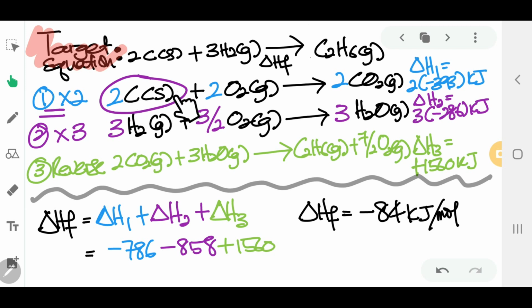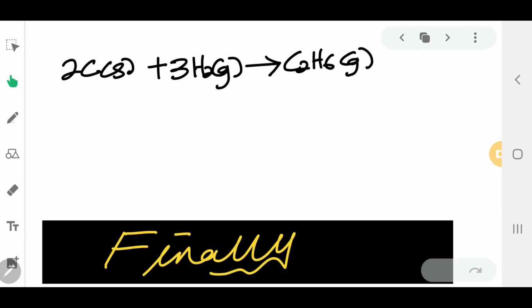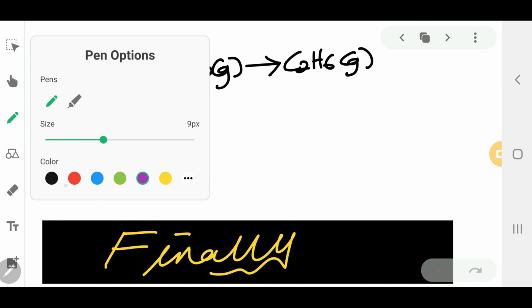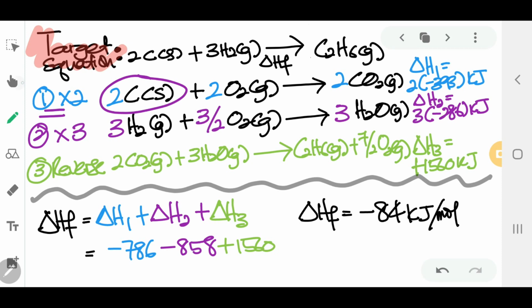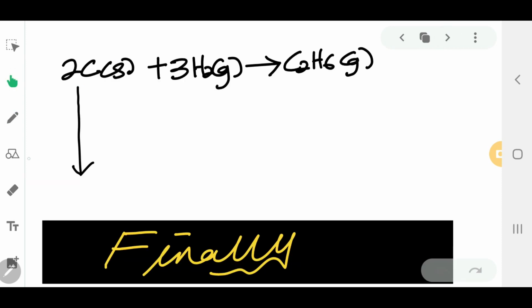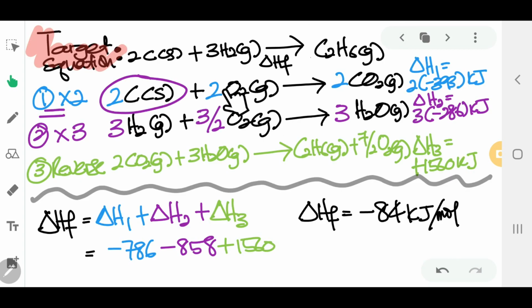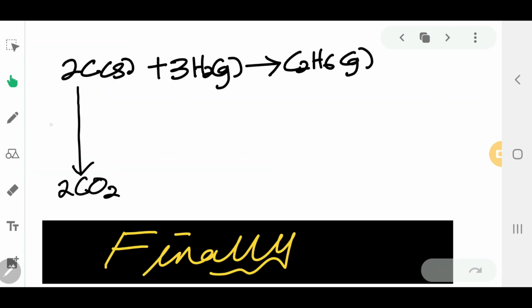I'm going to take this whole thing, take this arrow and push it downward to make 2 CO2 gas, exactly like what I'm going to do here. So you'll have 2 CO2. And on the arrow on top, I'll write 2 O2 gas.